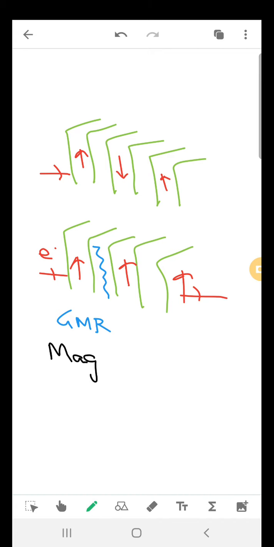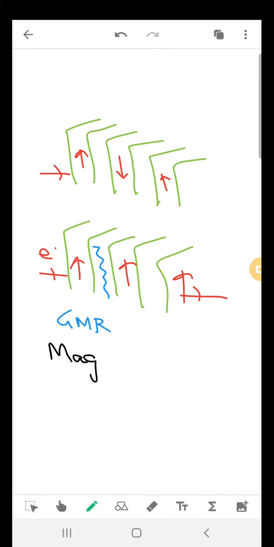So if the spacer is thin enough, then the influence of one on the other takes place, and changing the orientation of one of the magnetic layers can cause the other, which may be in the opposite direction, to align itself in the same direction.